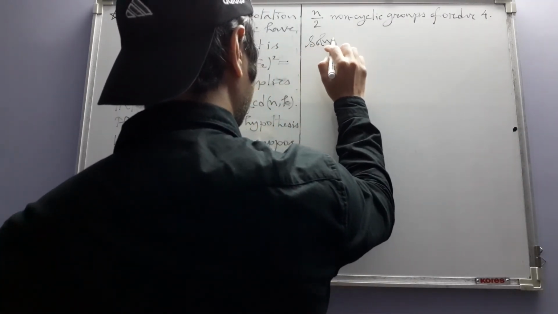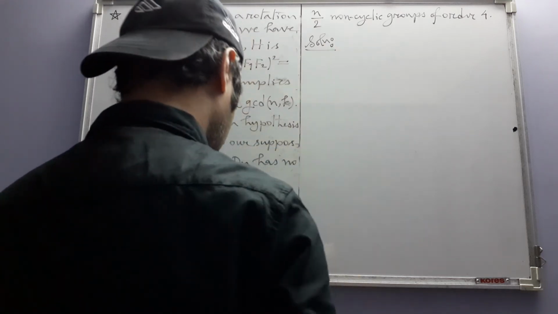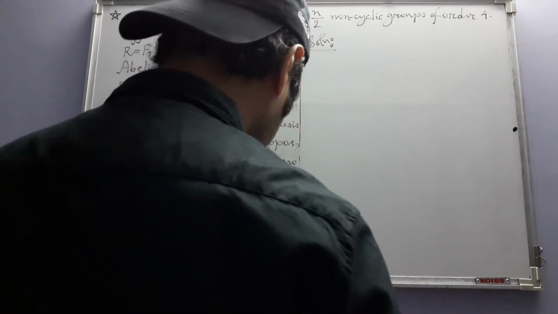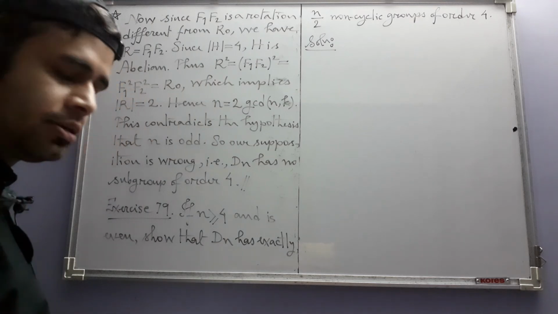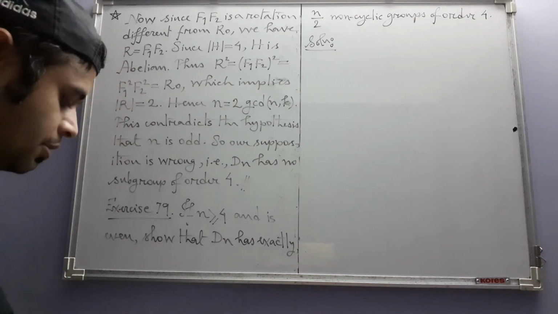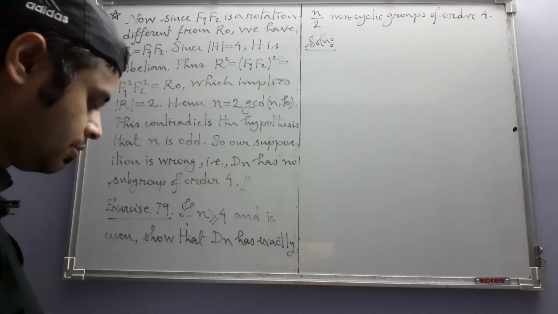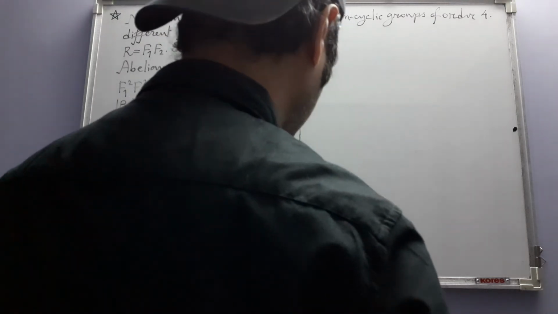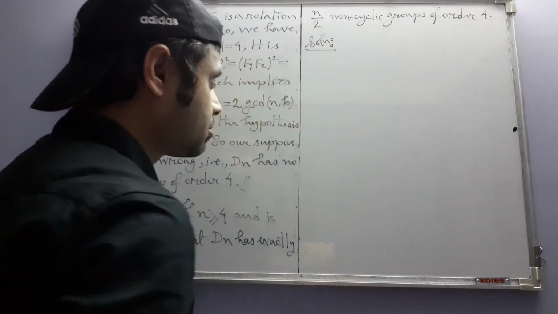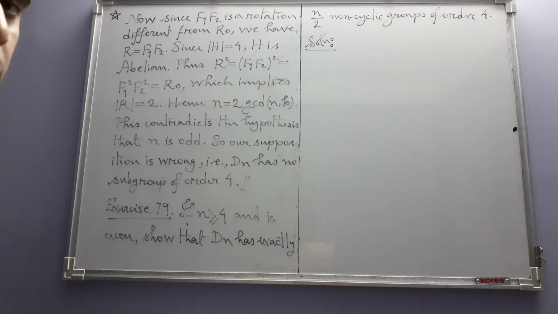So we start off by giving a collection of n by 2 non-cyclic subgroups of order 4, and then we will show that there are no more.